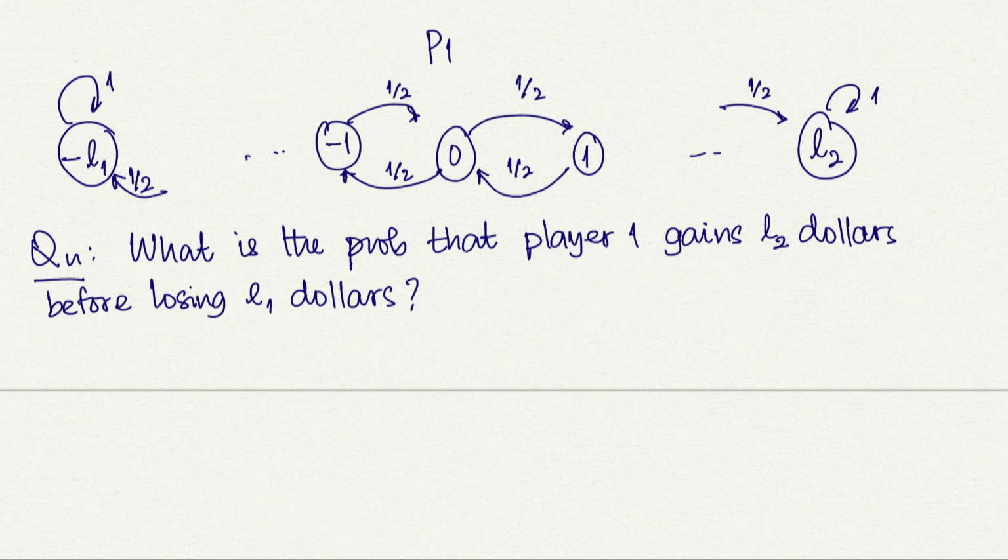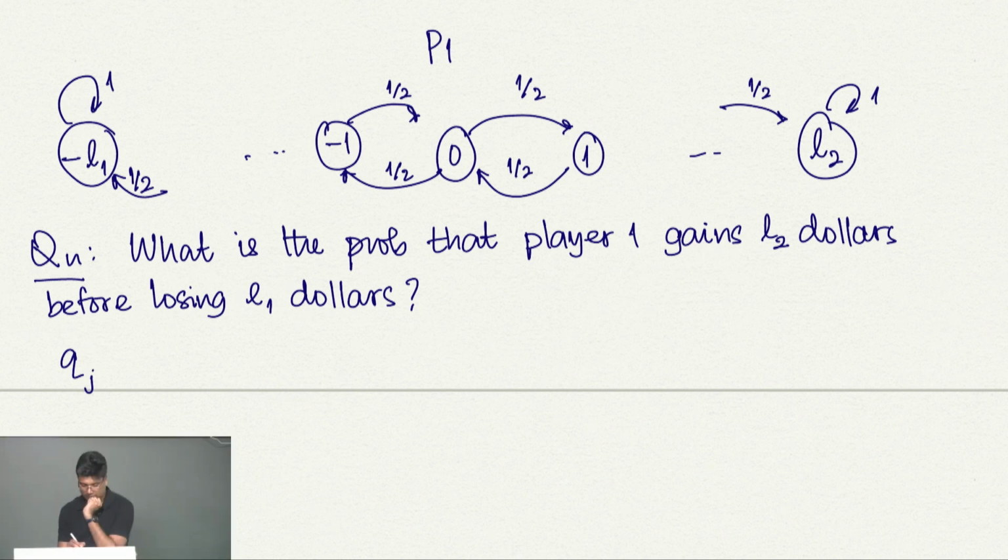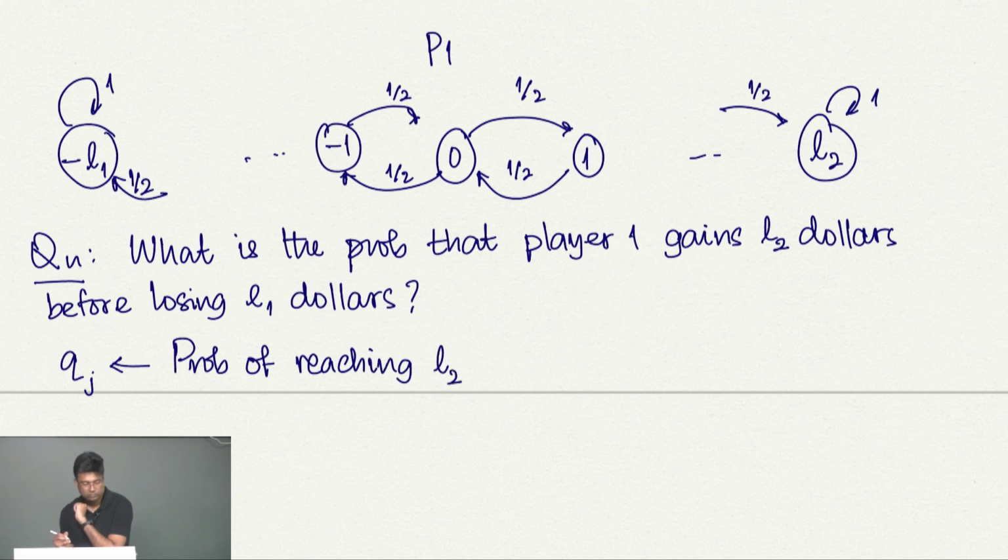So I'll give you a hint. This is a problem on Markov chains, and I'm going to define a quantity called Qj. What is Qj? Qj is the probability of reaching L2 starting from j.